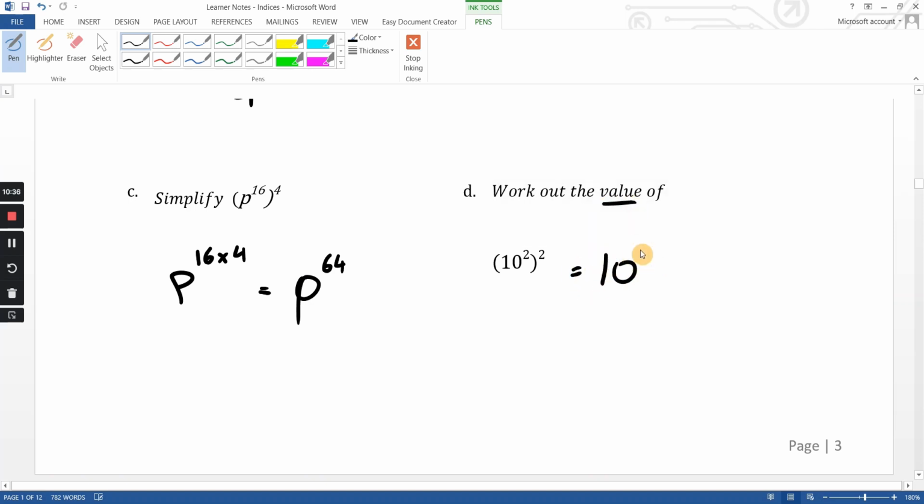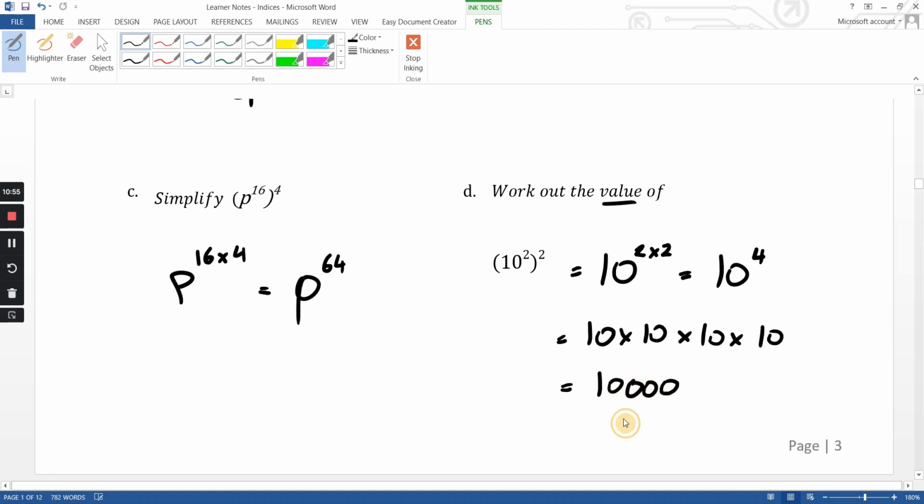So obviously it's 10 to the power 2 times 2, which is 10 to the power 4, which means 10 times 10 times 10 times 10. What does that give us? 10 times 10 is 100, 1,000, 10,000. So you get 10,000 as your answer.